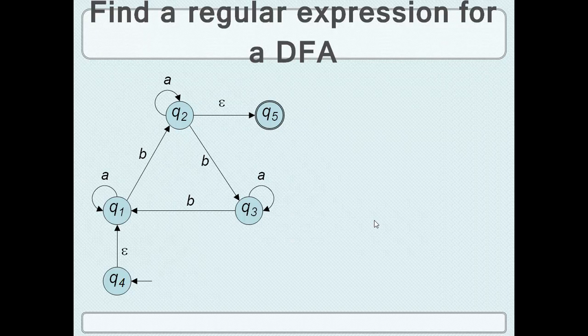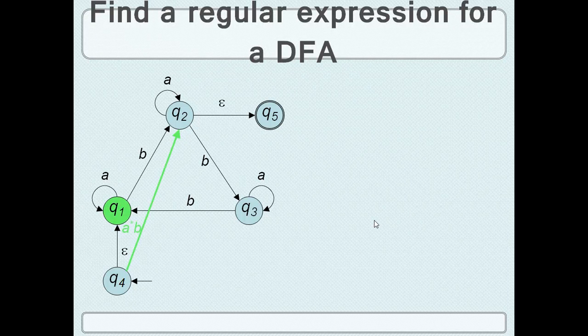Now we will find a regular expression for a DFA. So we'll have states Q1, Q2, Q3, Q4, Q5, where Q4 is the starting state and Q5 is the final state.